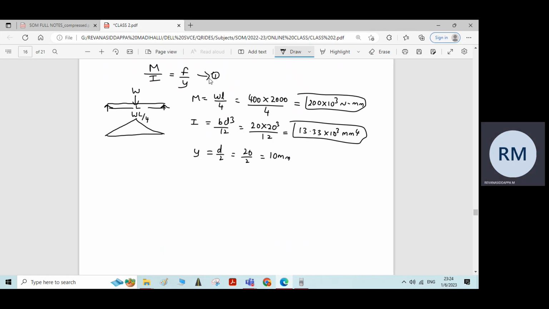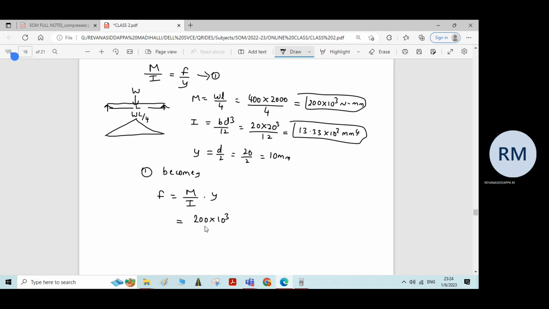I can rewrite the equation one as F is equal to M by I into y. Now just substitute 200 into 10 power 3 divided by 13.33 into 10 power 3 into 10.